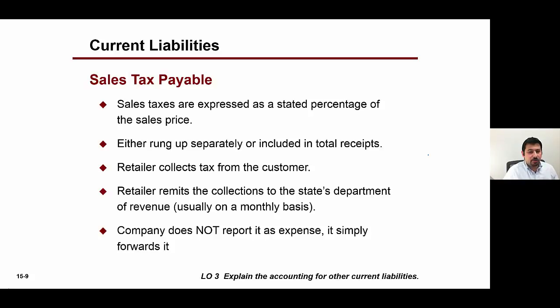At the end of the month, usually the retailer will take all these taxes and remit them, or forward them, to the tax agency. This is not done on a daily basis because it's not very efficient. Instead, the companies forward it at the end of the month.